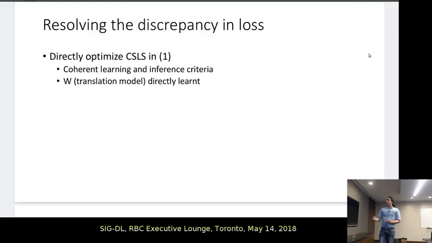So to resolve this, they suggest coherent learning and inference criteria. Basically, with the proof that we're going to see in a bit, they show that you can use CSLS both in training and in inference.